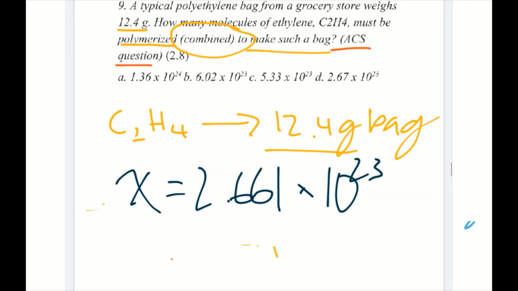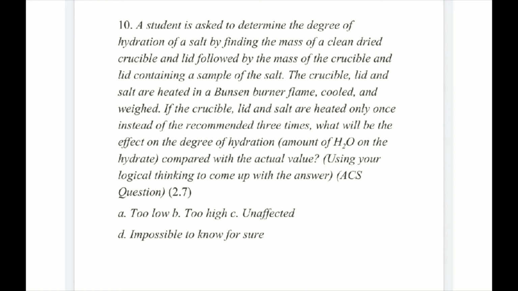And let me keep track of sig figs, because since 12.4 has 3, I have to keep my final answer at 3 sig figs. So it seems like our answer lies around 2.67 times 10 to the 23rd. We're just about 0.01 off, and that's fine because this is multiple choice and this is very close, so that's our answer. So let's move on to number 10.